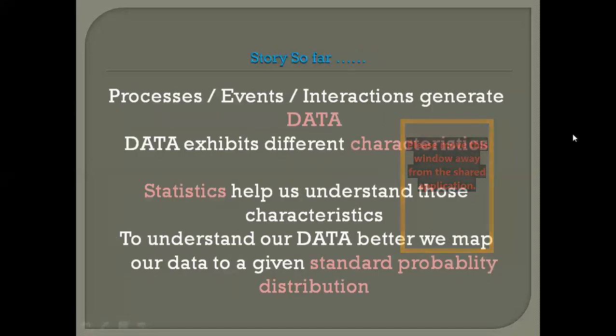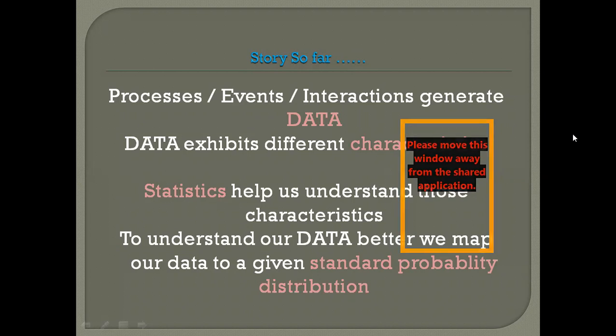Okay, so the story so far is that we have processes, we have events, we have interactions, and they generate data, and that data exhibits different characteristics, and statistics helps us in understanding those characteristics of different data.